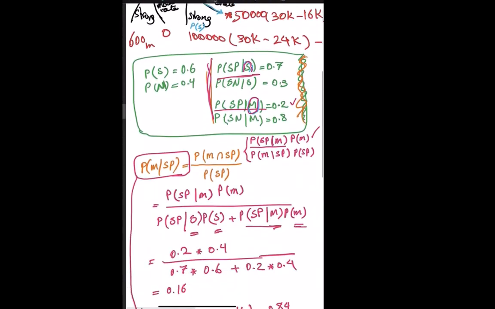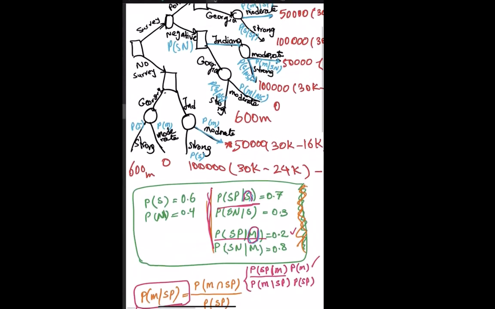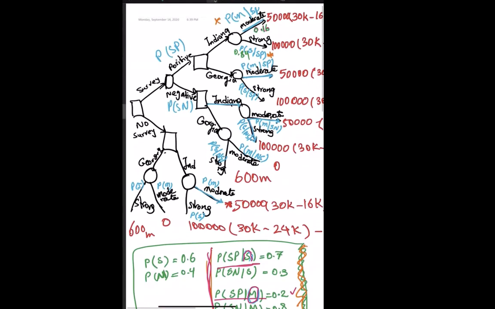Did I write it correctly? Strong given SP? Yeah. Okay, so this branch is 0.16 and this branch is 0.84. And how about this next one? Do we have that one?